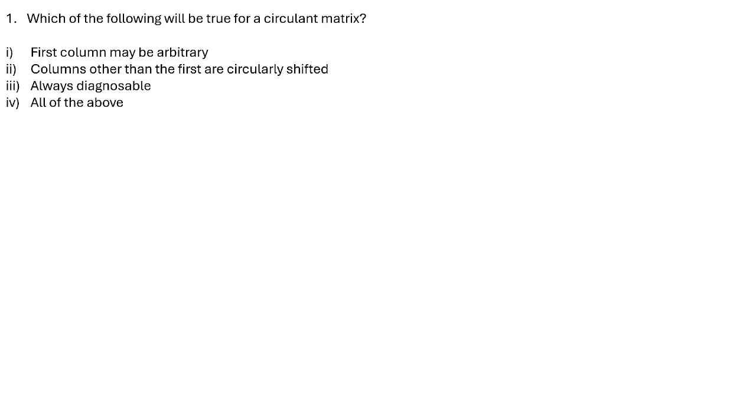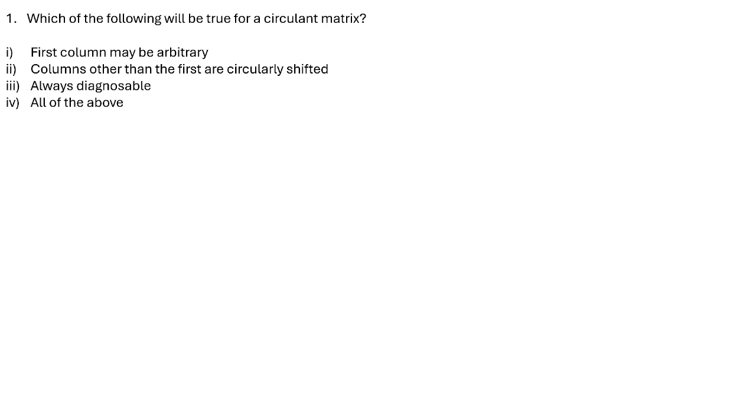And why do we call it a circular shift or circular matrix? Because the last element of a column goes to the first element of the next column. That is, it follows a circular trajectory, where the last element comes out to be the first one when you move from one column to another.